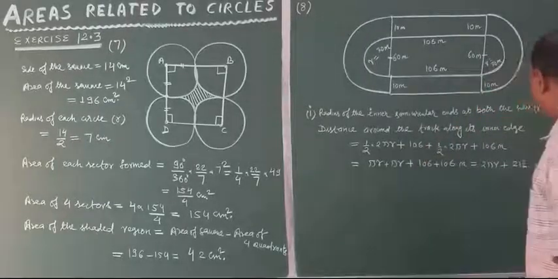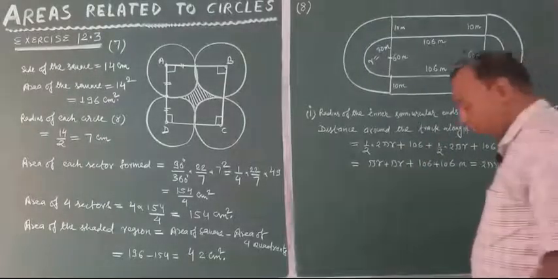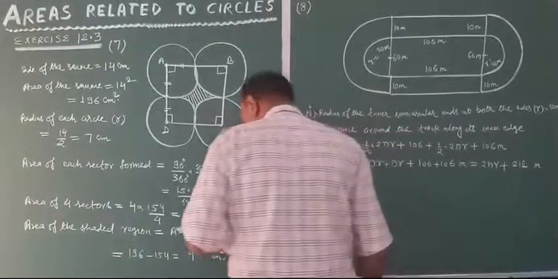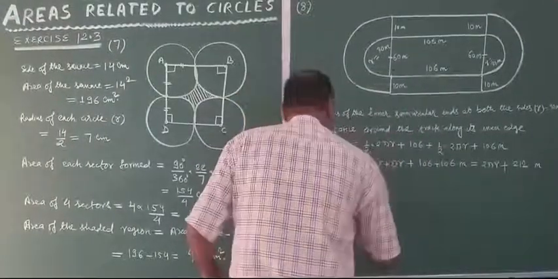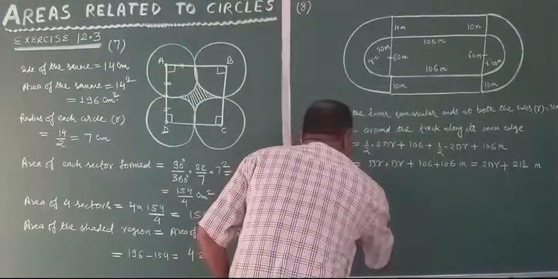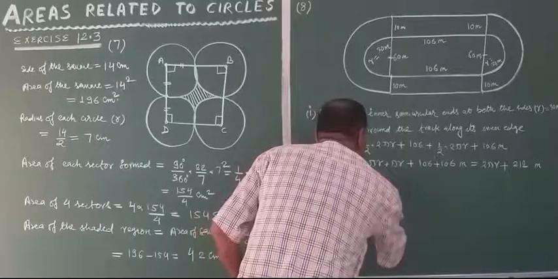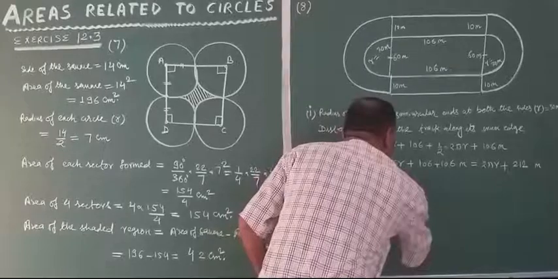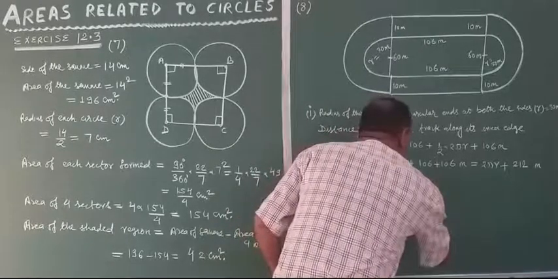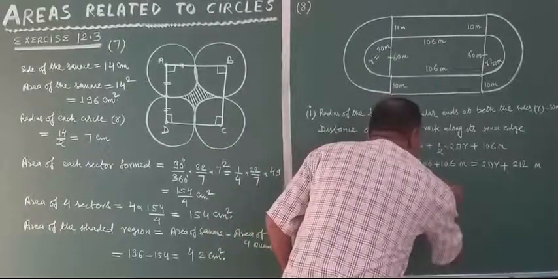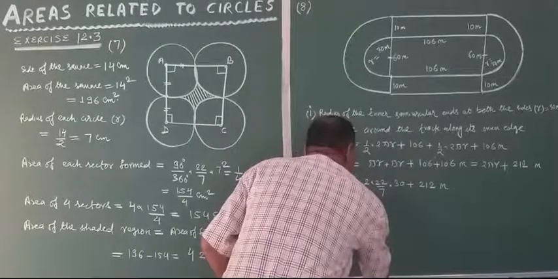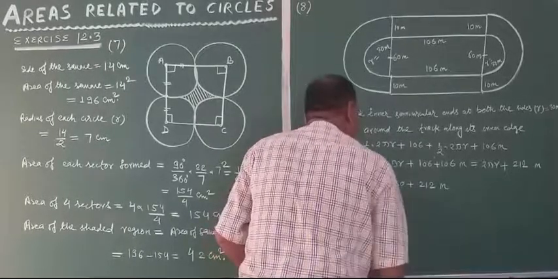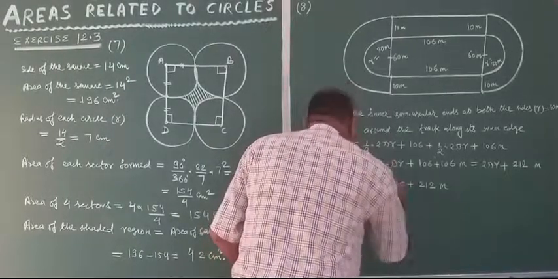Now put the value of this small r, that is 30 meter, and pi is not mentioned here. So that will be 2 pi r, 2 into 22 upon 7 into r is 30 plus 212 meter. Just multiply them. 22 to 66, 1320.